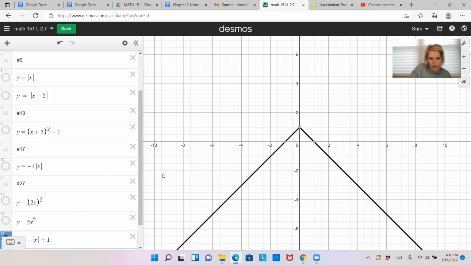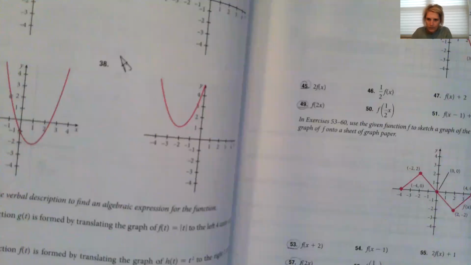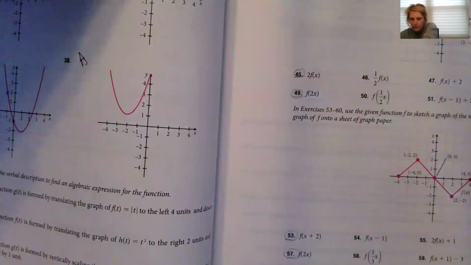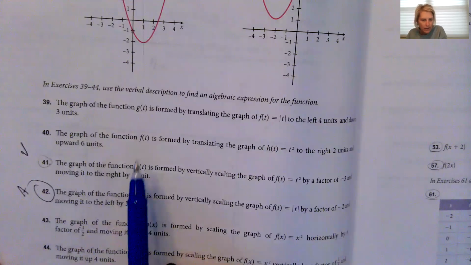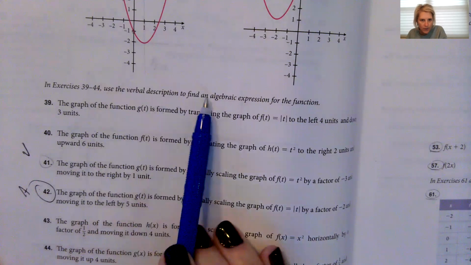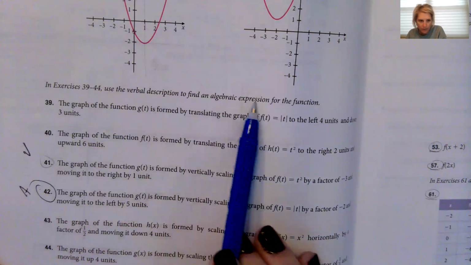And then we are going to look at number 41 in the book. So 41 says the graph of the function. Okay, they want us to use the verbal description to find an algebraic expression for the function.